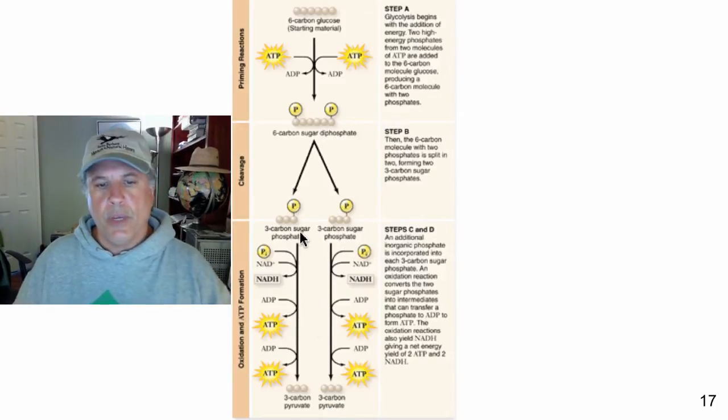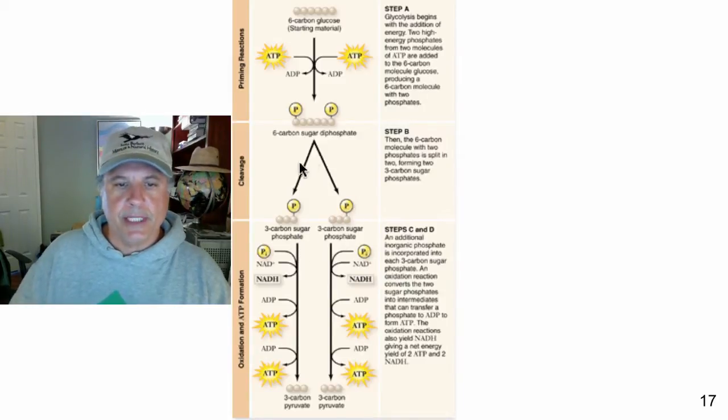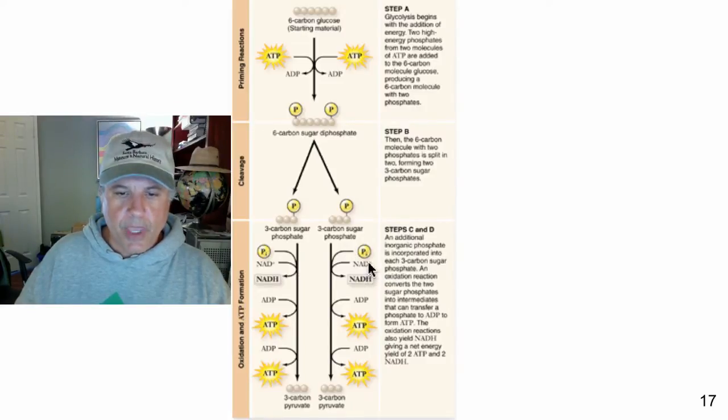So we can ignore one side, really. Let's just look at one side. Just know that this happens twice because there are 2 3-carbon molecules produced in the cleavage phase. Then as those are run through the last phase of glycolysis, this is where oxidation occurs and NAD plus gets reduced to NADH.